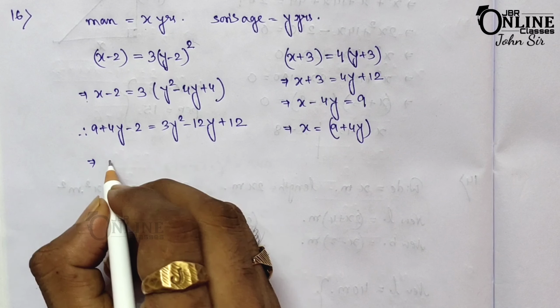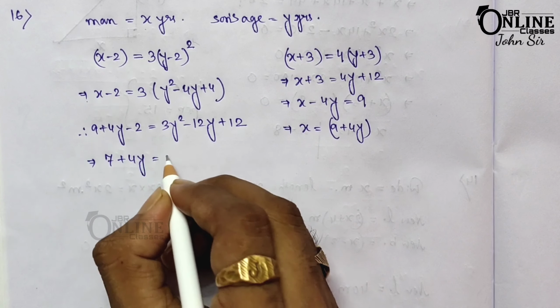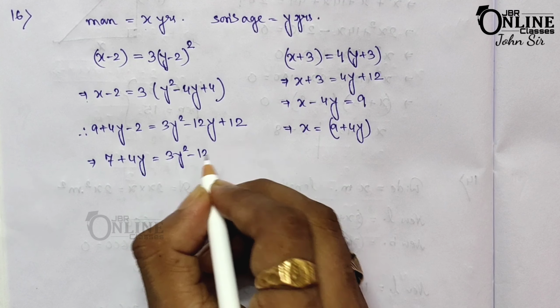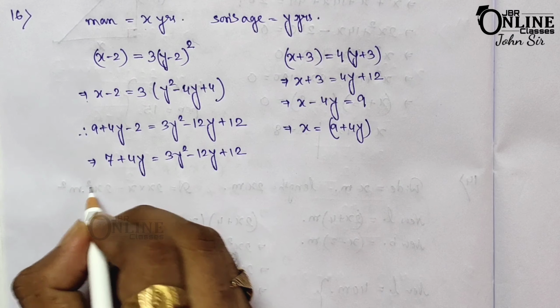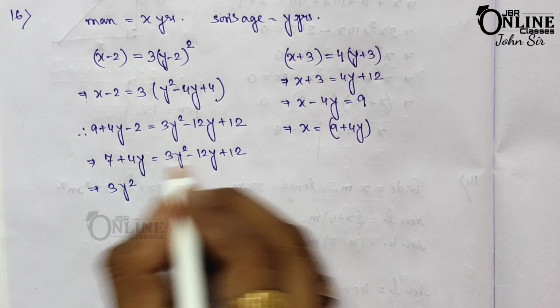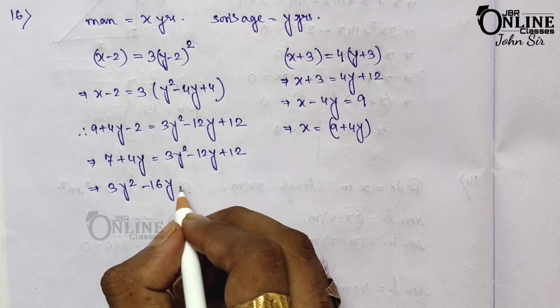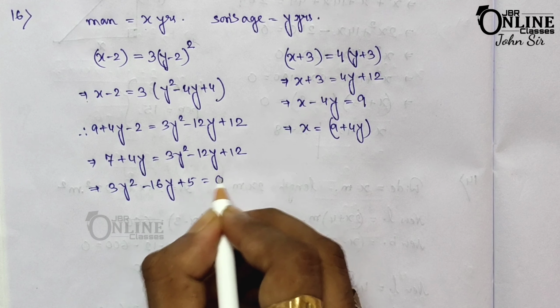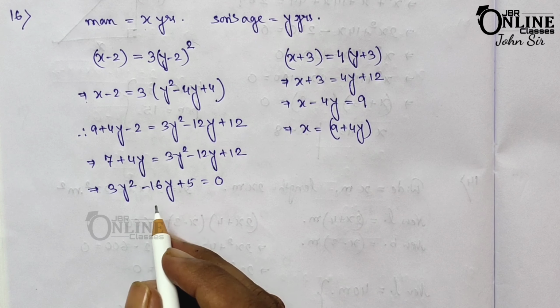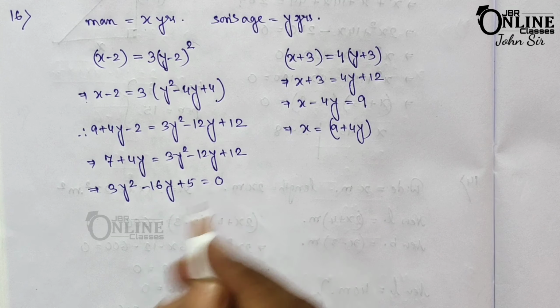Here 9 minus 2 is 7, so 7 plus 4y equals 3y square minus 12y plus 12. Finally, 3y square, then minus 12y minus 4y is minus 16y, and 12 minus 7 becomes 5. So 3y square minus 16y plus 5 equals 0.